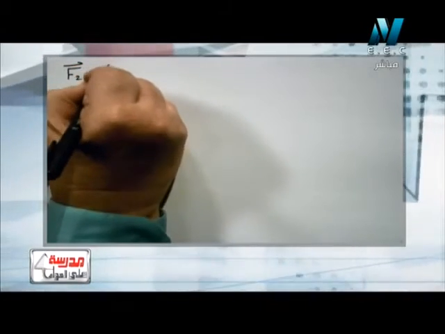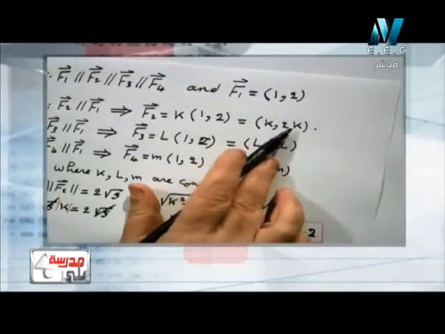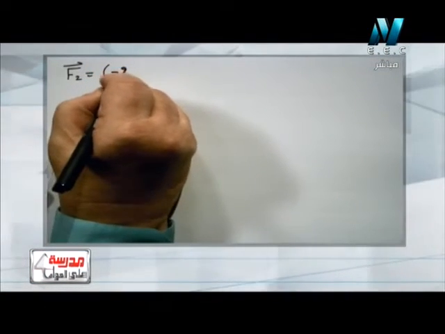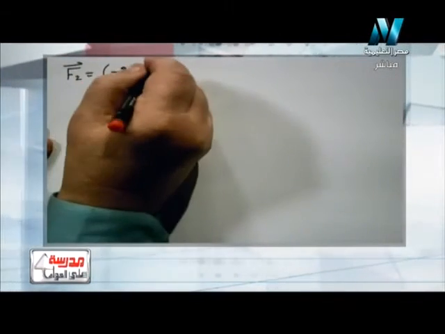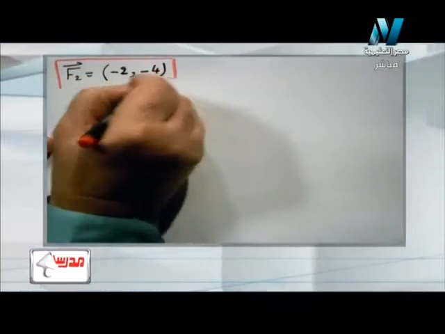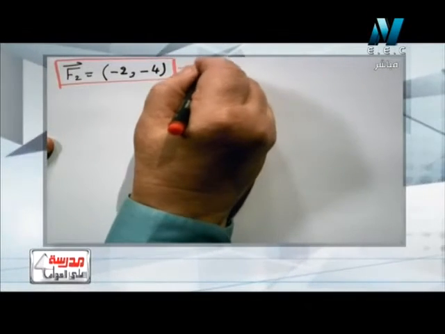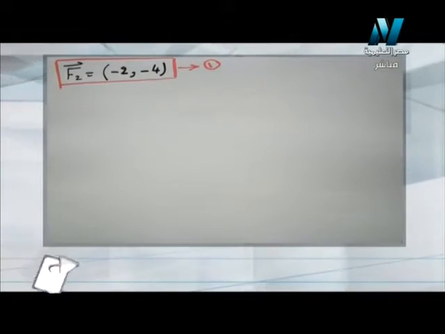Therefore, if F1 positive, then K is negative, and then now F2 is equal to K, negative 2, multiply K and 2K, يبقى negative 2 and negative 4. يبقى احنا كده دلوقتي عندنا F1 دي كانت في المسألة و F2 قدرنا نجيبها وطلعنا ان F2 is the ordered pair negative 2 and negative 4 or negative 2I negative 4J.